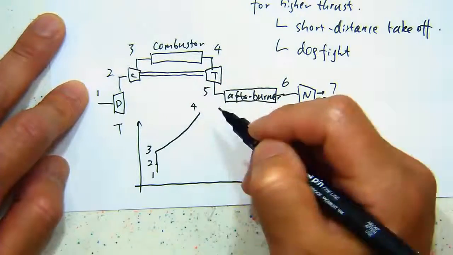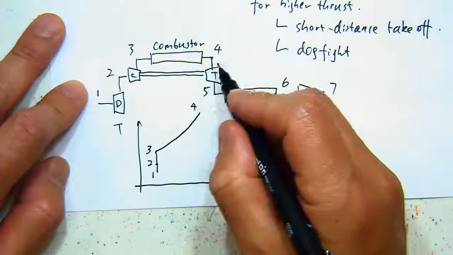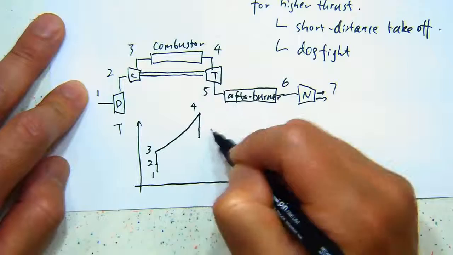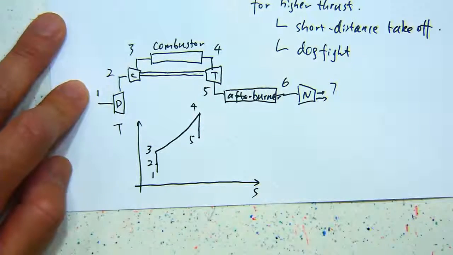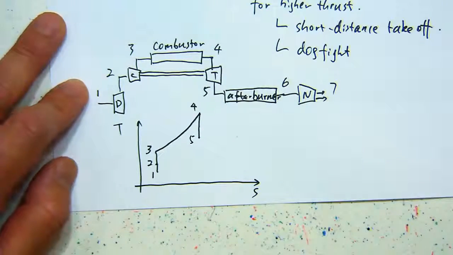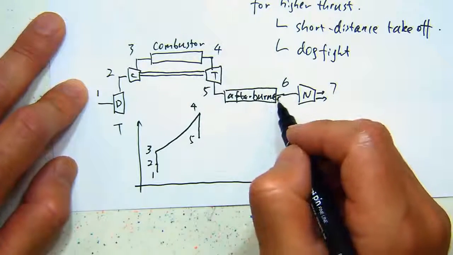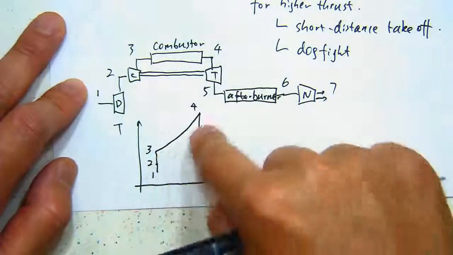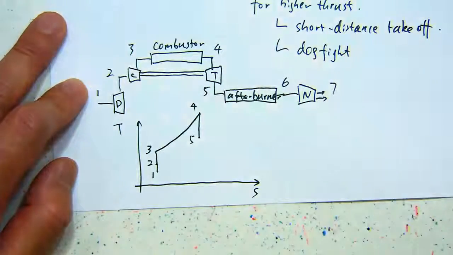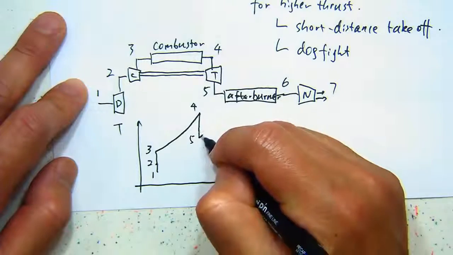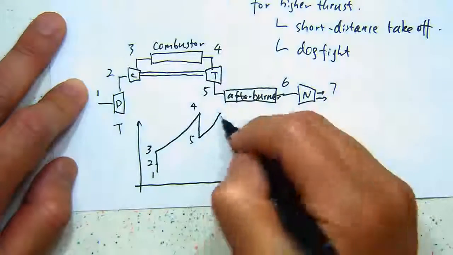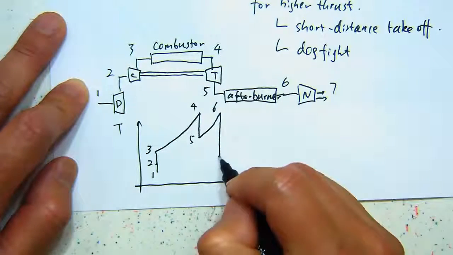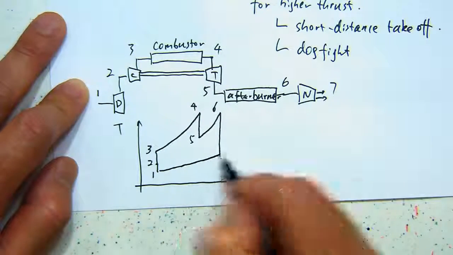At state 4, which is leaving the combustor, we go through the turbine to output some work, and then get to the afterburner. The afterburner is a similar process to the combustor, where additional enthalpy is being added. So it's a constant pressure process, going up to state 6, and then going down to produce the kinetic energy.